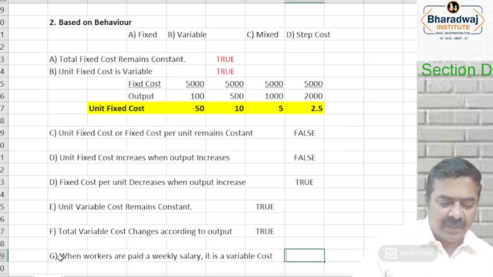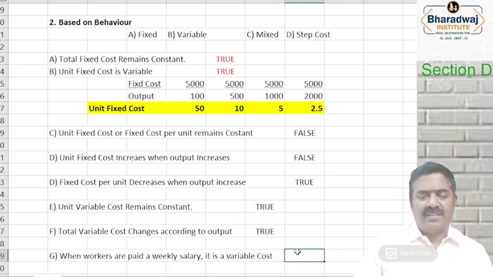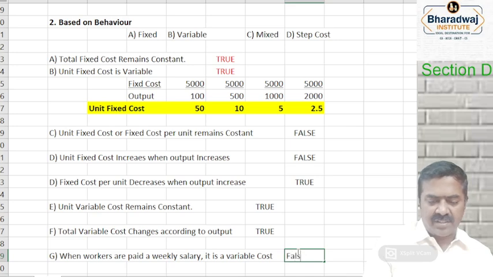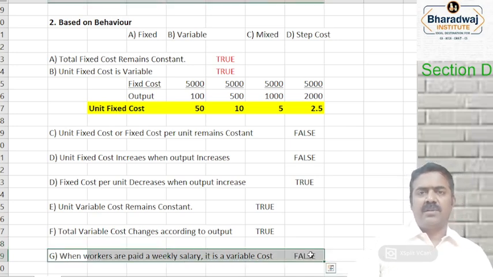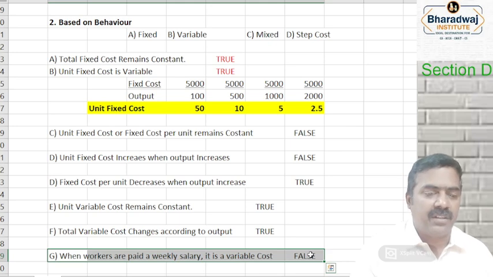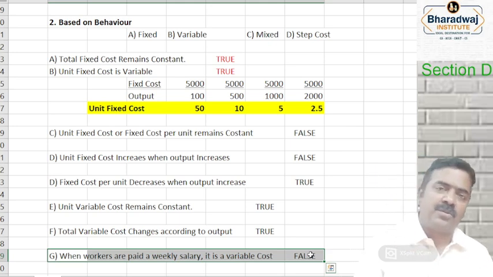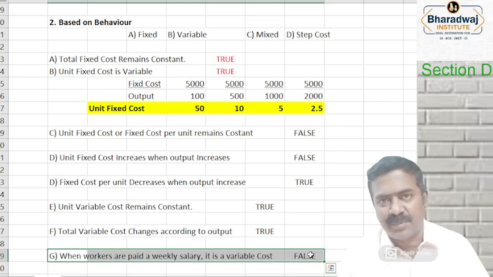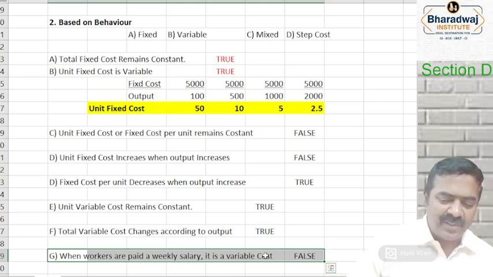When workers are paid weekly salary, is it a variable cost or fixed cost? It's a fixed cost. It's a false statement because within the week, 5 days, 6 days, they are paid some wages. Whatever may be the production, the same wages are paid. One day there is no production, one day there is lesser production, will that weekly salary change? No, it's a fixed cost.